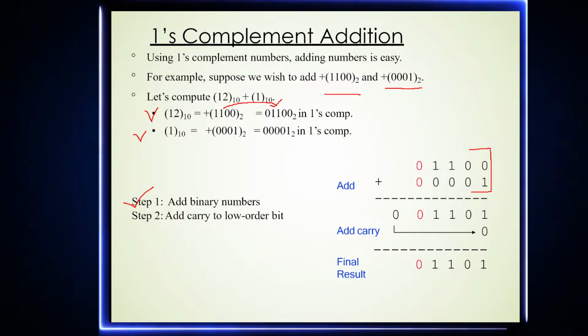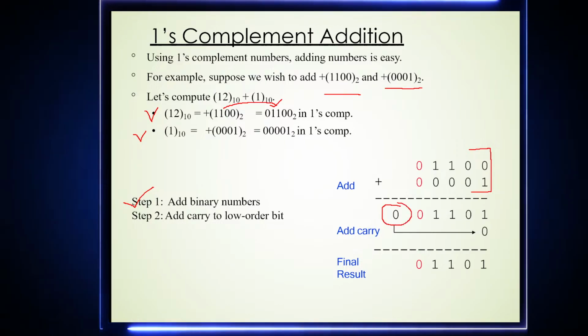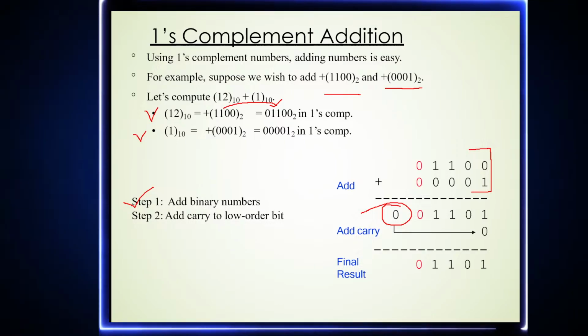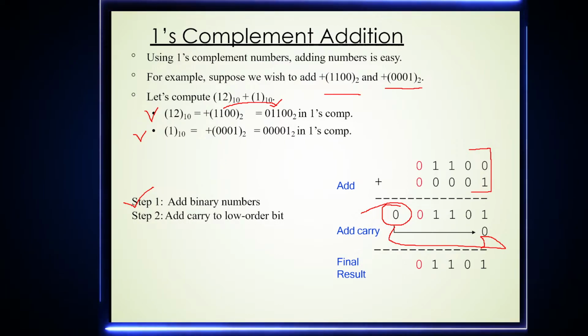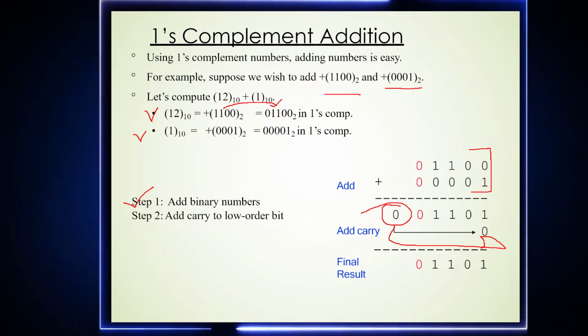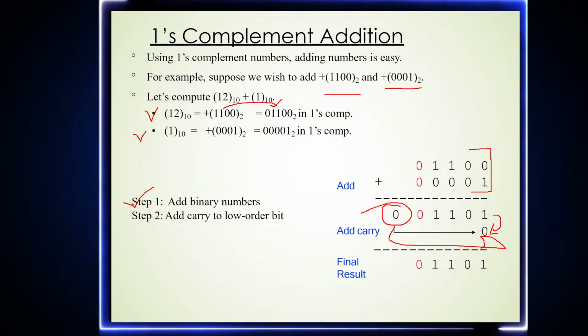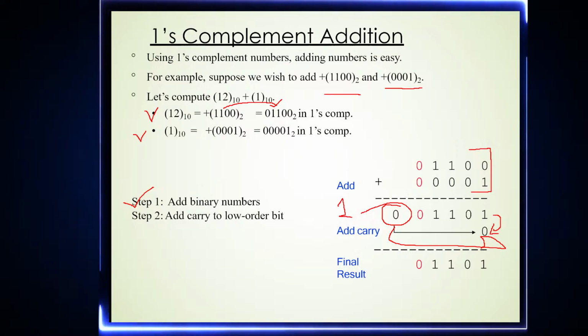Okay, now what happened is okay, in this case there was a carry that was generated, right? Whenever there is any kind of carry that is generated, we just have to add this carry to the result. In this case, the carry is 0, so they have just added the result with 0. But in some cases, if the carry is 1, then you add the result with 1.